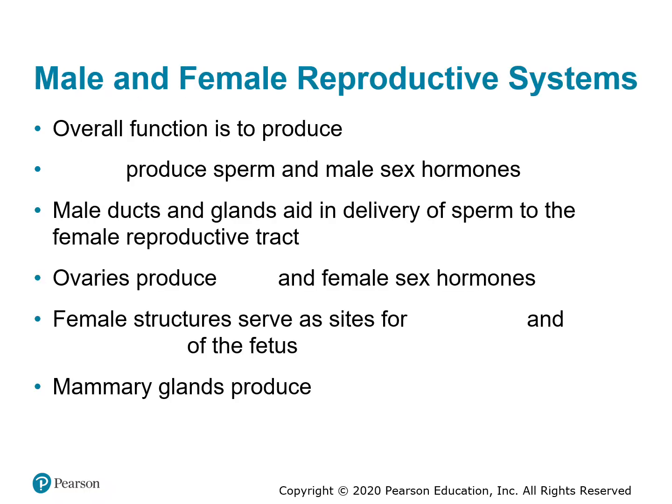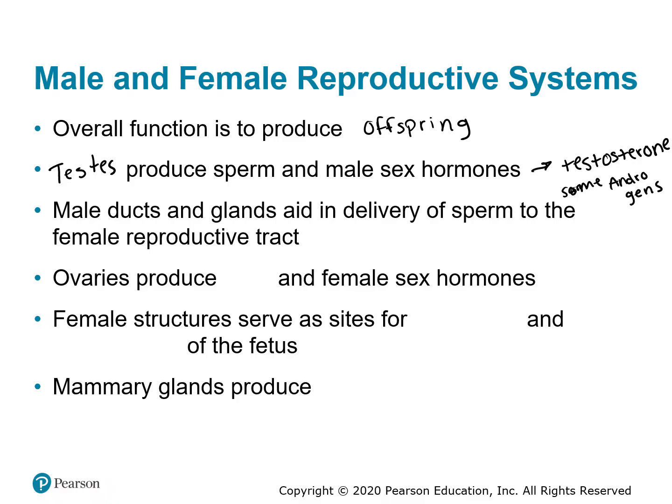And then the male and female reproductive systems, their job is to produce offspring. Your baby making system. The testes will produce sperm and the male sex hormones. Those are testosterone, some androgens, and there are ducts and glands that deliver that sperm to the female reproductive tract.